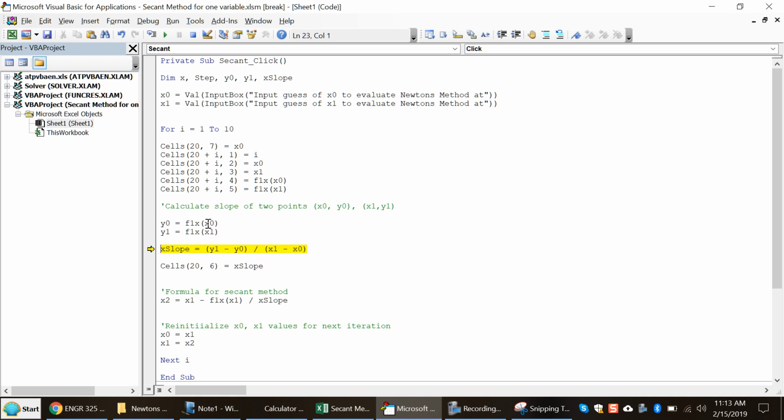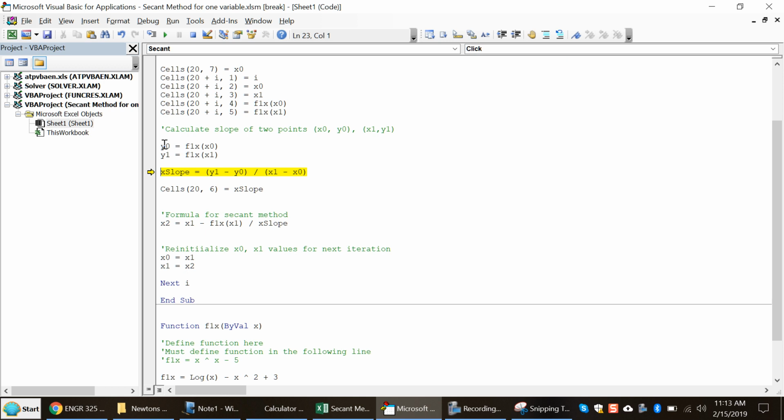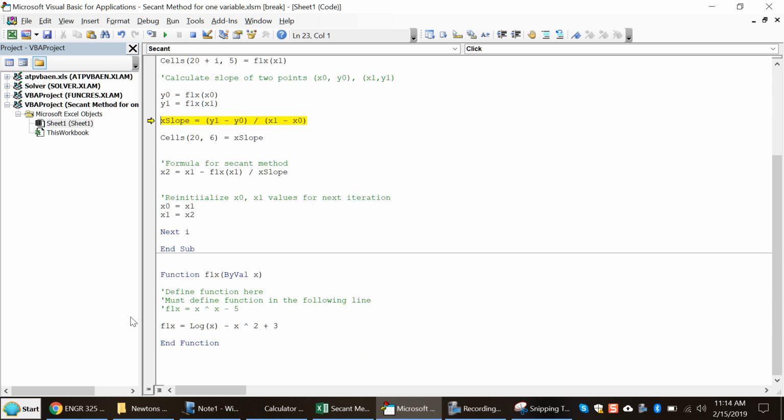Y1. Oh. Why did that not work? F of x1. By val x. Well, that's really strange because it was working.